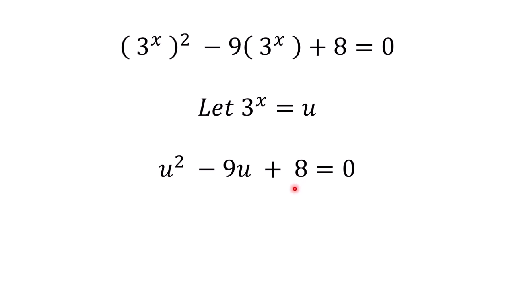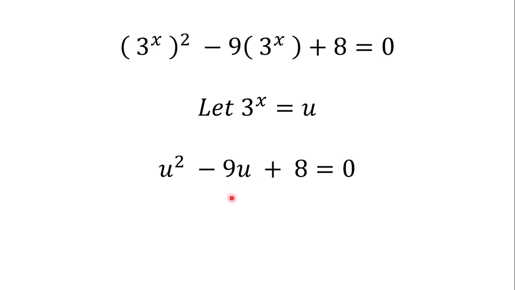After that, find the factors of that product. Then from those factors, find any two of them that when you multiply them, give you the product of the coefficient of x squared, or u squared, and the constant, but when you add them, give you what is here.